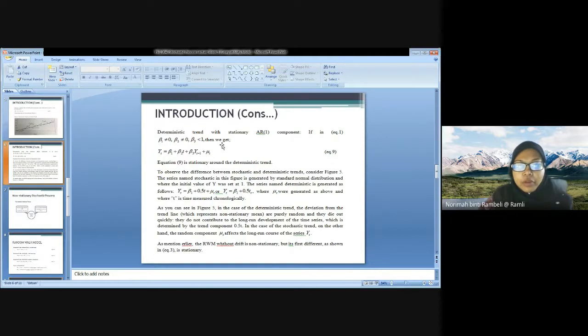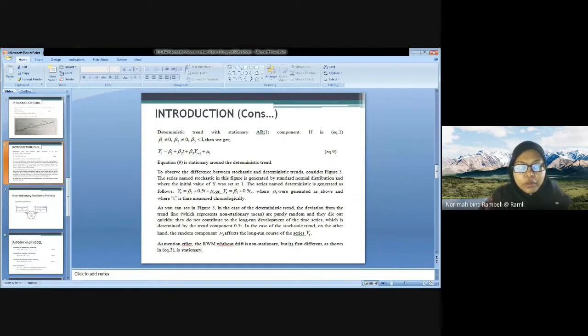Okay. So according to equation number 9 here, the behavior is with drift, with time trend, and the system is AR1. So we can say that it is an AR1 process with drift and time trend.